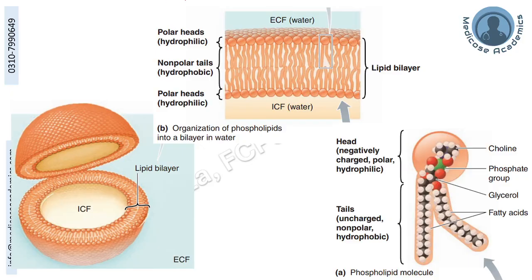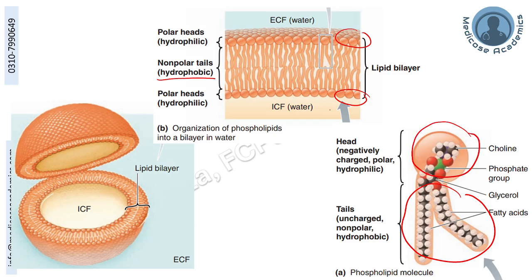As you can again see over here, the hydrophobic non-polar tails are formed because of the fatty acid tails, whereas the hydrophilic end is formed because of the phosphate end and the glycerol backbone of the phospholipid.